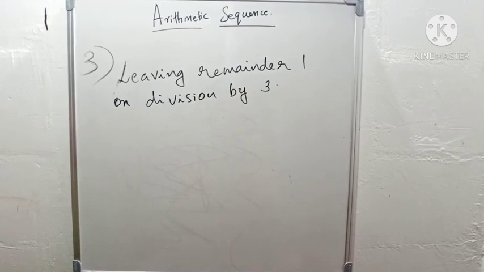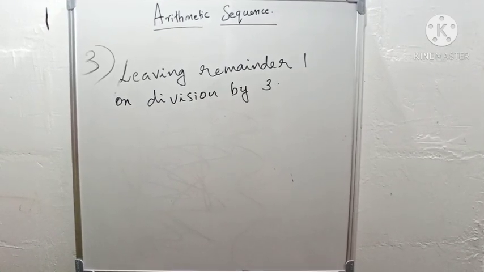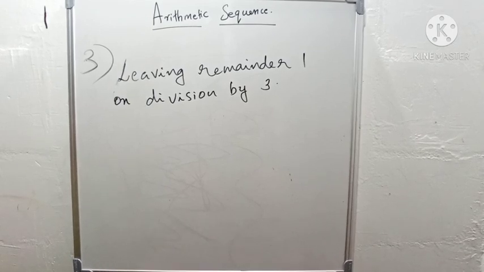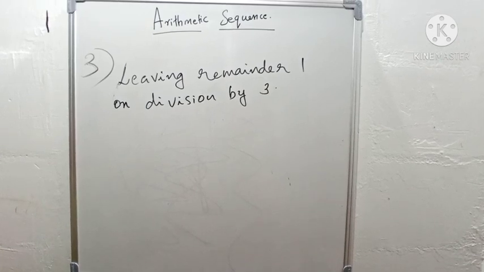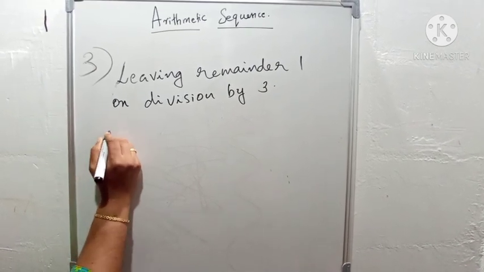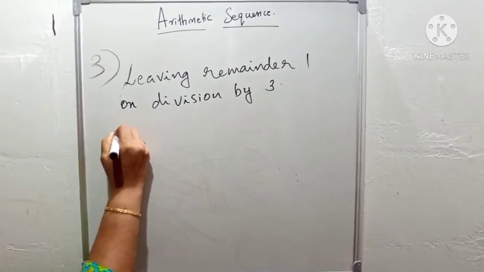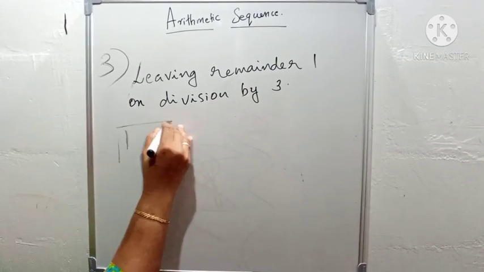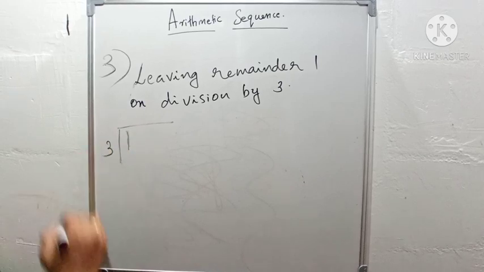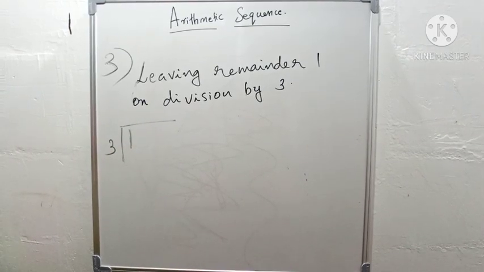Then which is the first natural number which leaves a remainder 1 on division by 3? Which is our first natural number? Yes, our first natural number is 1. Okay, and if we divide 1 by 3, what is the answer?